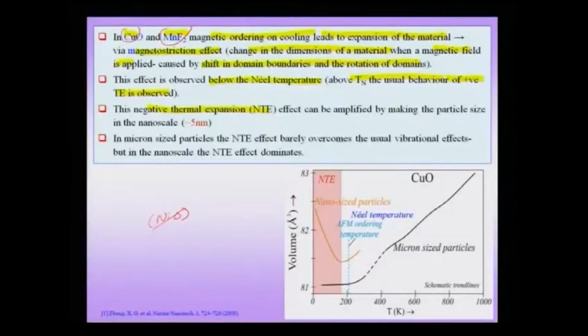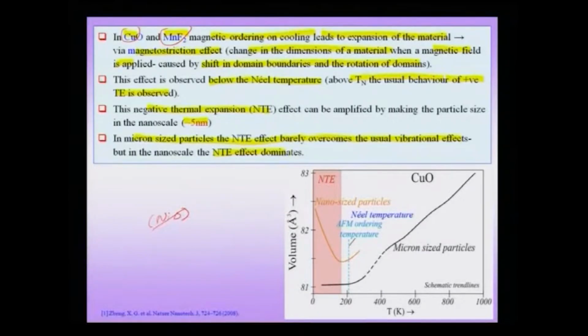Additionally, the particle size has to be in the nanoscale, very, very small, about 5 nanometers. If you look at micron size particles, the negative thermal expansion barely gets around the thermal vibrational effects, and you only observe a positive coefficient of expansion.